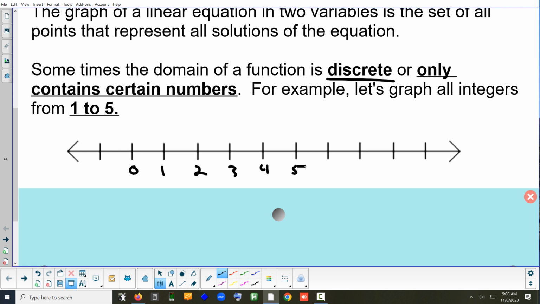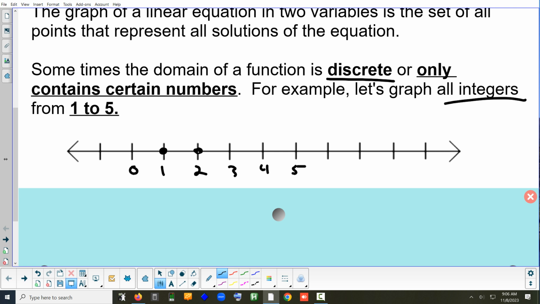So if you're graphing all the numbers from 1 to 5, just the integers, the first one is 1. What's the next number after 1 if you can't use fractions or decimals? Just integers. What is it? 2. So we'll graph 2.